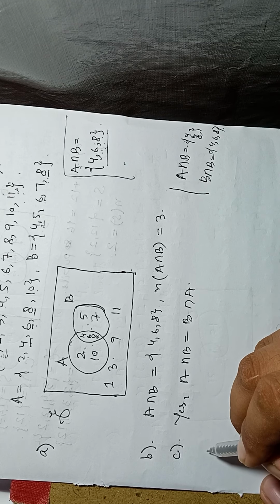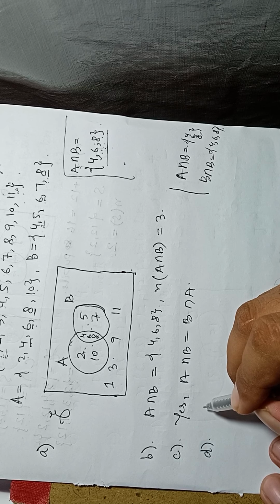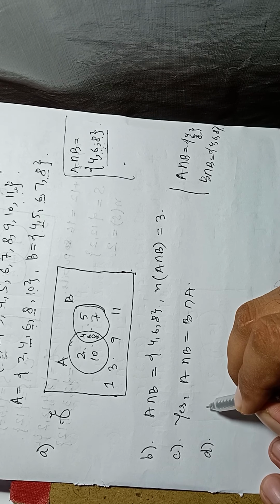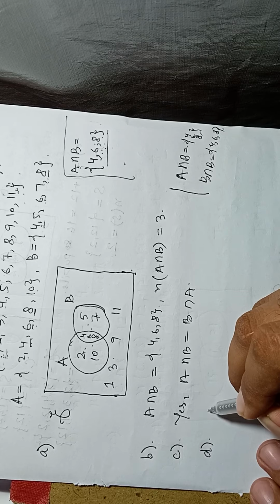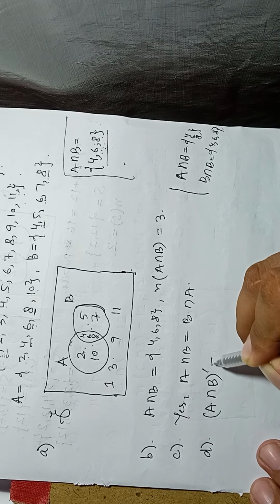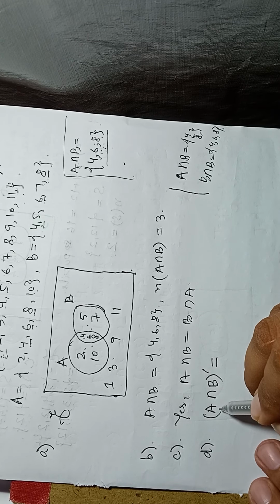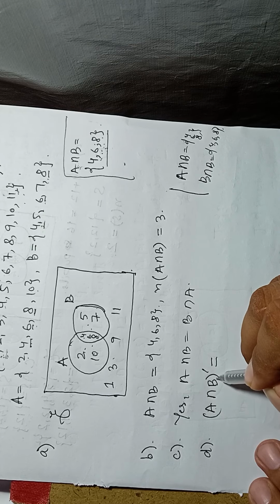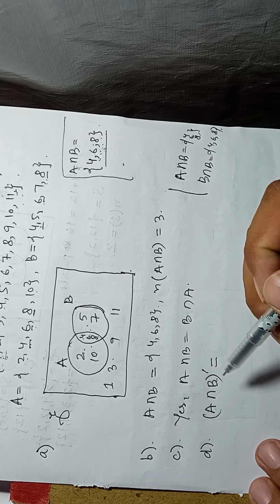Now see the D part. D is: list the complement of the intersection of A and B. Now you can see I have to write A intersection B, its complement. That means I should write those elements which are not in the set A intersection B. In A intersection B there are 4, 6 and 8.